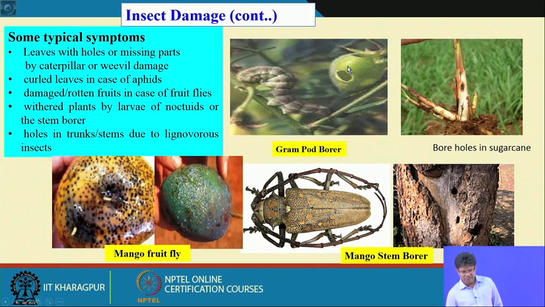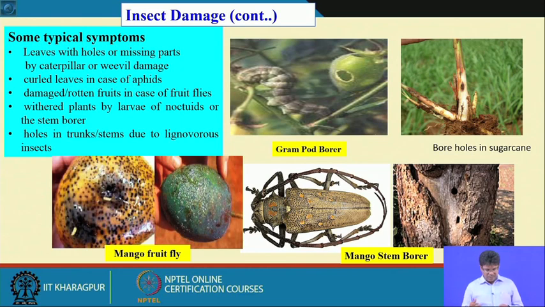Similarly, borers in sugar cane at the early stage make this type of symptom. They punch the stem portions and cause damage, so the transport of water and nutrients from the soil to the plant is affected or blocked. As a result, the whole plant withers and dies because of the stem borer.